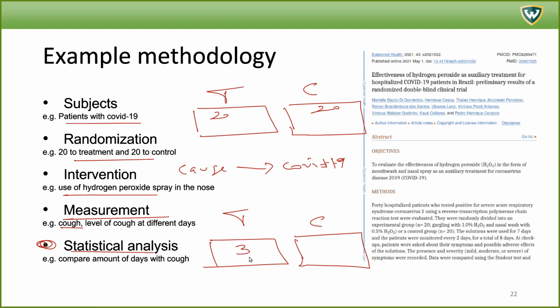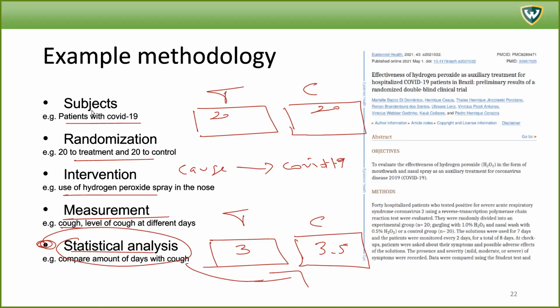I'm making up the results here, but just so you understand, people were coughing for 3 days. In the control group, they were coughing for 3.5 days or 4 days. And then the statistical test asks, is this a big enough difference? Is this difference statistically significant? And that's where we'll apply the statistical analysis.